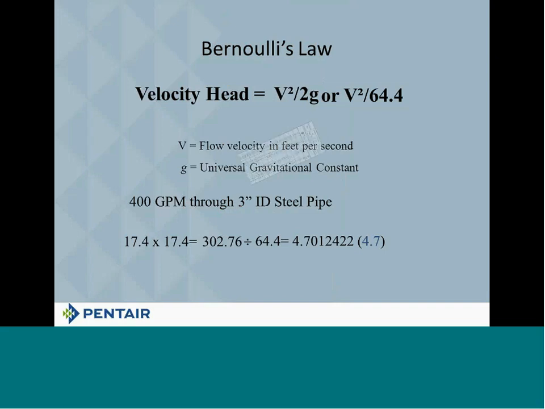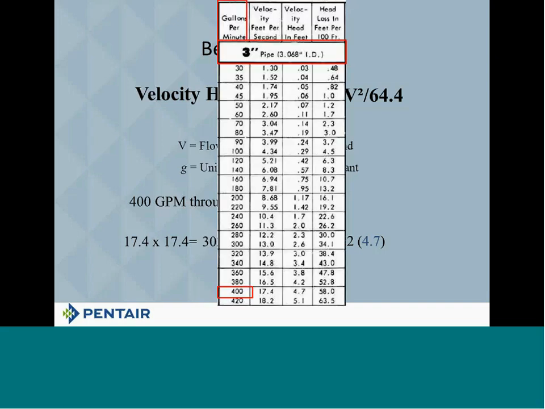And also, if you look back in that 3-inch chart, you're going to notice the third column says velocity head in feet, and it comes up to 4.7. So we just proved to you that this is how you calculate velocity head.